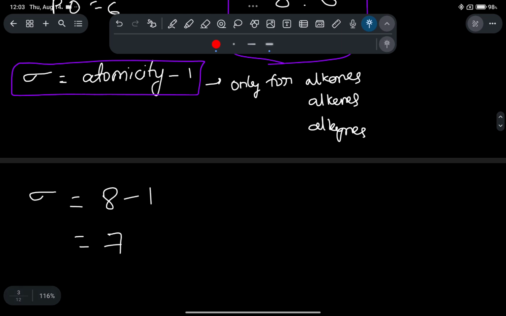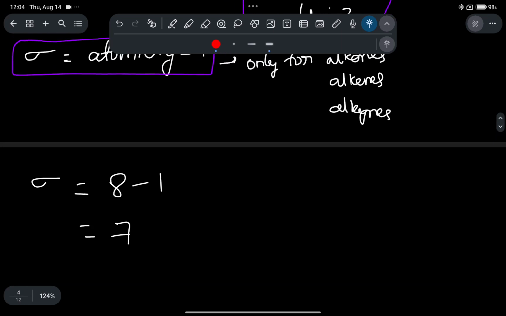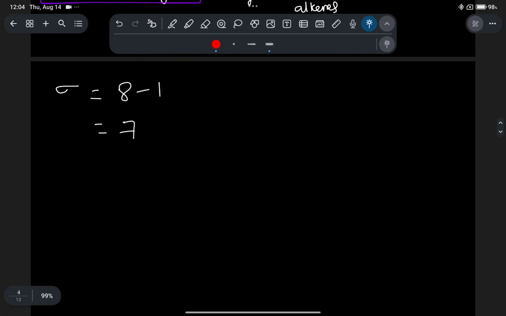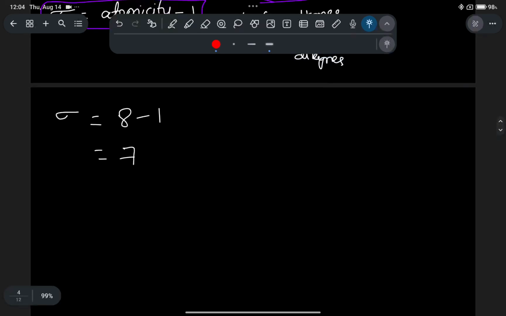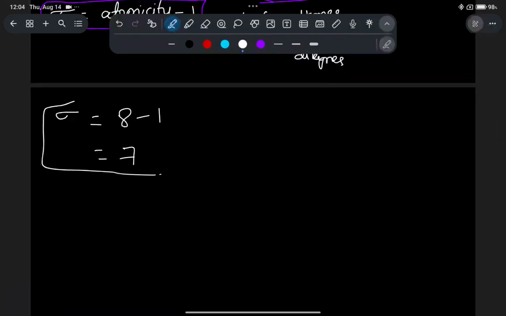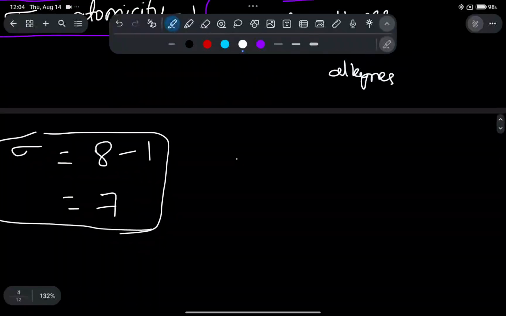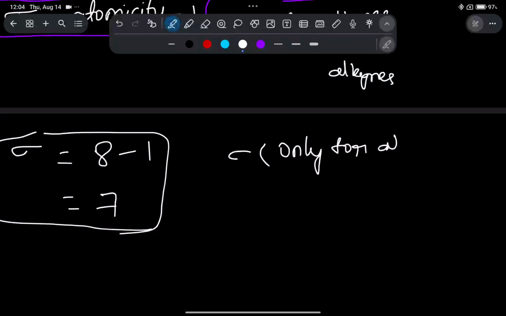So if they give any organic compound, C3H6, C3H4, like that, then take the atomicity and directly subtract 1, and you will get how many sigma bonds are present. But this is only for alkanes. If you want to remember a formula only for alkanes, sigma bonds equals 3n plus 1.